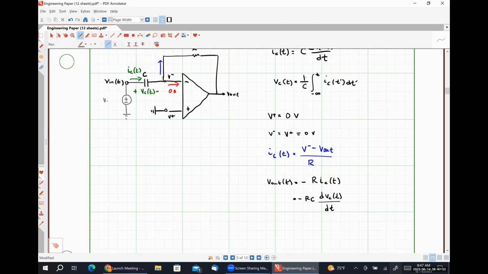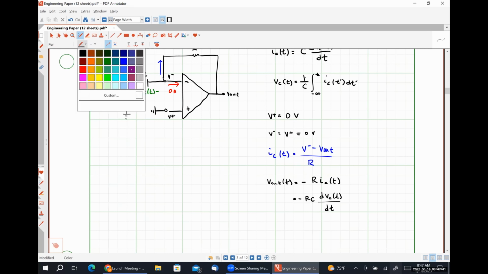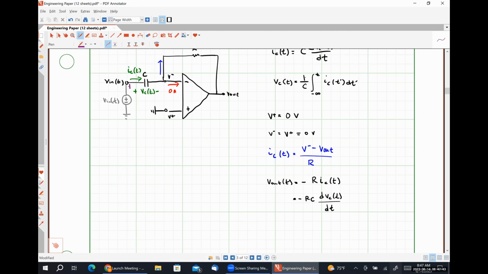If I represented Vin of t as a voltage source, I could see very explicitly that the positive polarity terminal of both Vin and Vc are at this node.